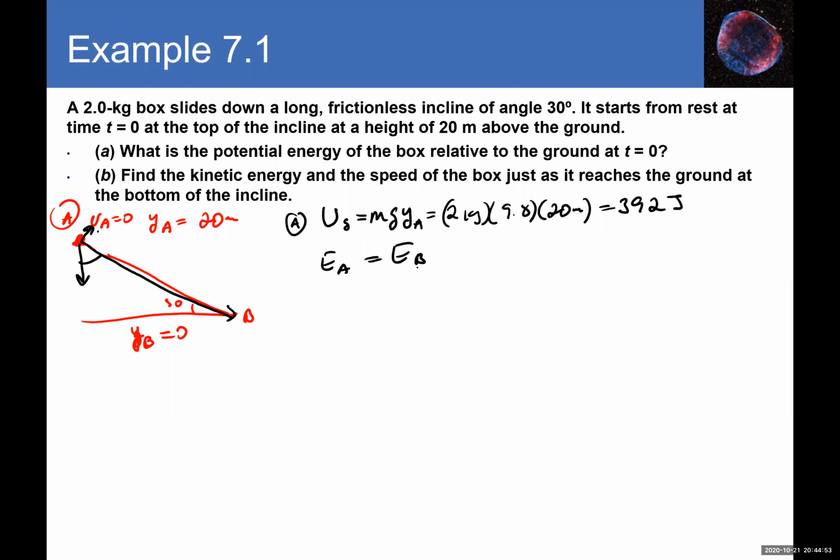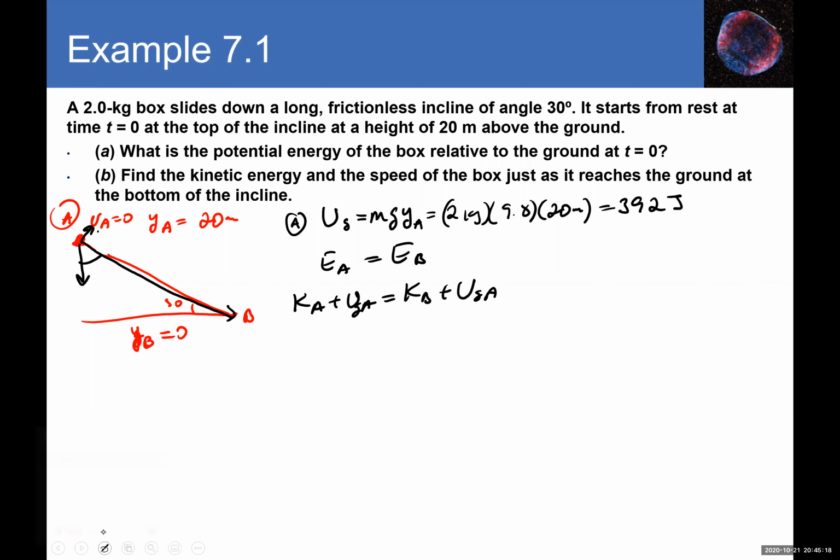which means the mechanical energy at point A is the sum of kinetic and potential energies, and the mechanical energy at point B is the sum of kinetic and potential at point B. And we put a G, so we know it's a gravitational potential energy. This is going to be true because, again, the only force doing work is the gravitational force, and it's a conservative force, so mechanical energy is conserved.